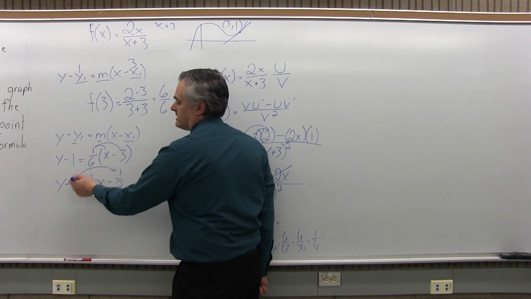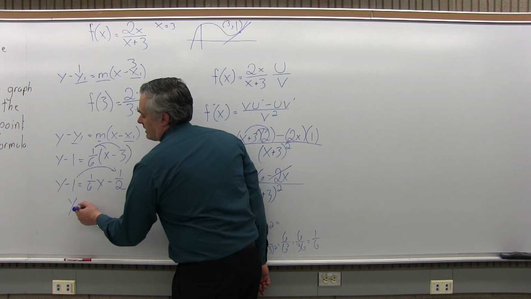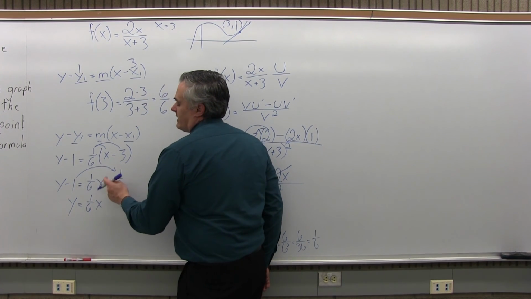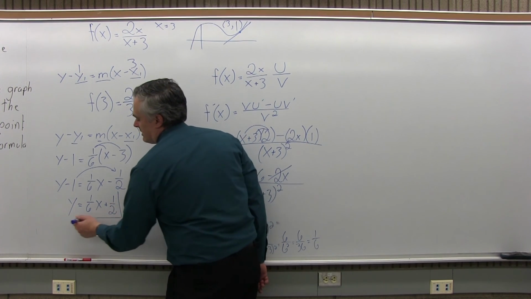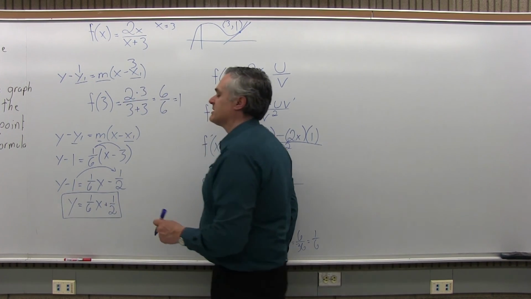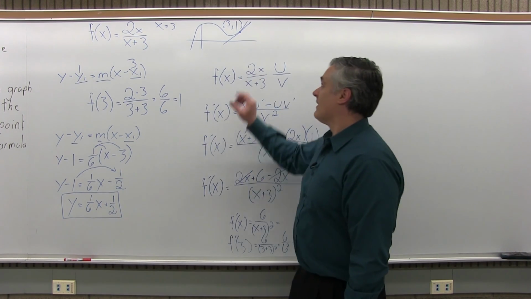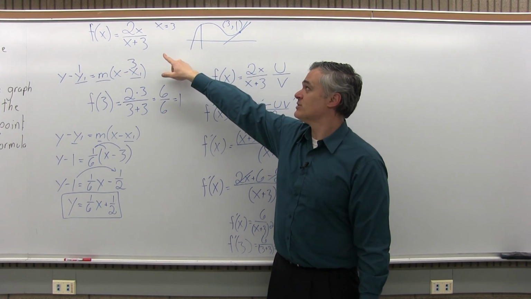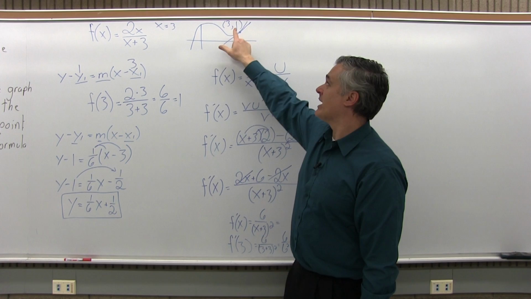Again, when you cross the equals, it'll go to the opposite sign. So it's gone on the left. Y equals 1/6 x. Positive 1 negative a half is plus a half. Now that's in y equals mx plus b form. That's the equation of the line that's tangent to that function, f of x equals 2x over x plus 3, at that one point where x is 3.